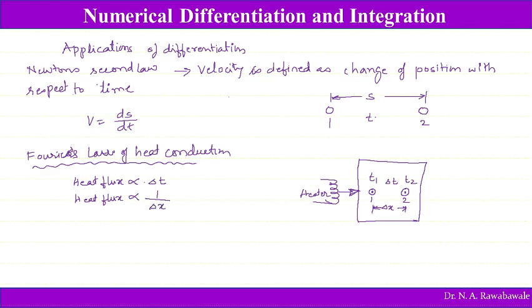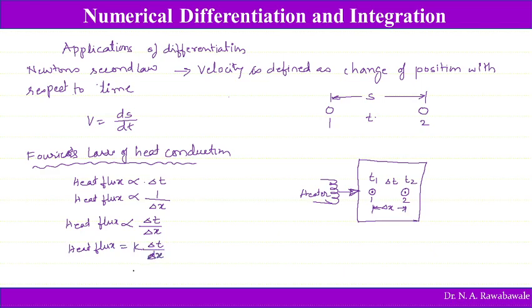So combining these two, heat flux is directly proportional to delta T by delta x. So this is written as heat flux is equal to K delta T divided by delta x.